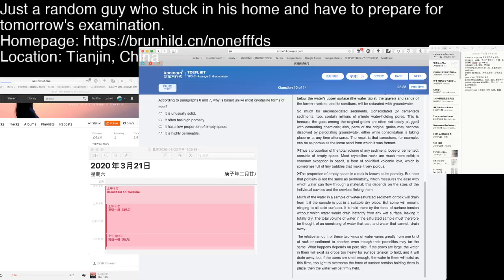Paragraph 7: the proportion of empty space in a rock is porosity, but note that porosity is not the same as permeability, which measures the ease with which water can flow through a material. This depends on the size of the individual cavities. So it often has high porosity.